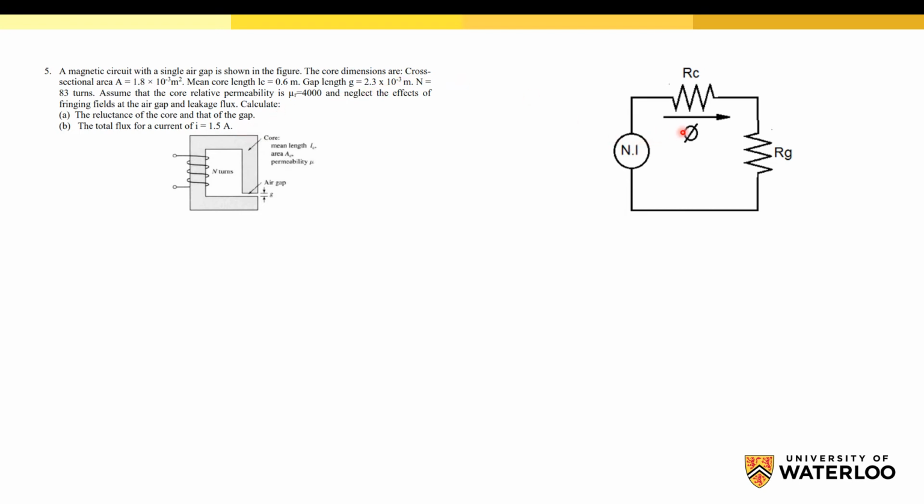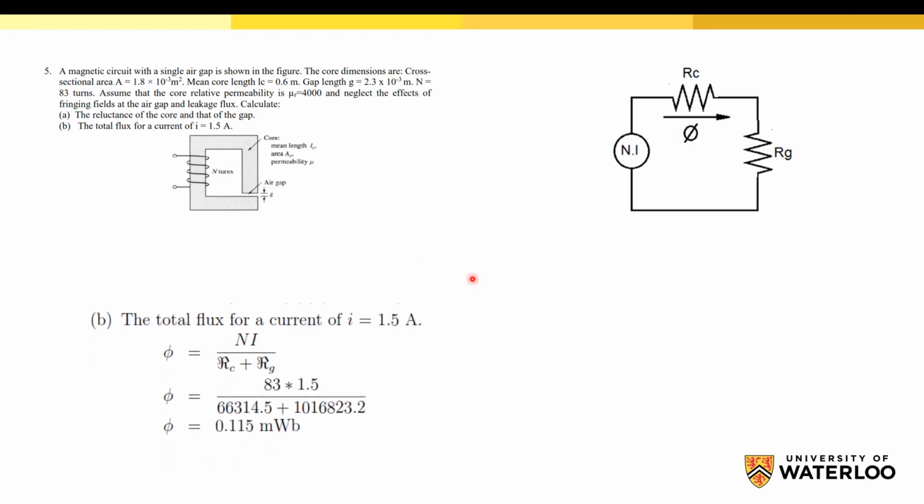So we can easily calculate the flux. The flux is equal to this source over these two reluctances in series. This source is N times I. All these values are given, and we already calculated the reluctance for the core and the air gap. So we can now calculate the flux.